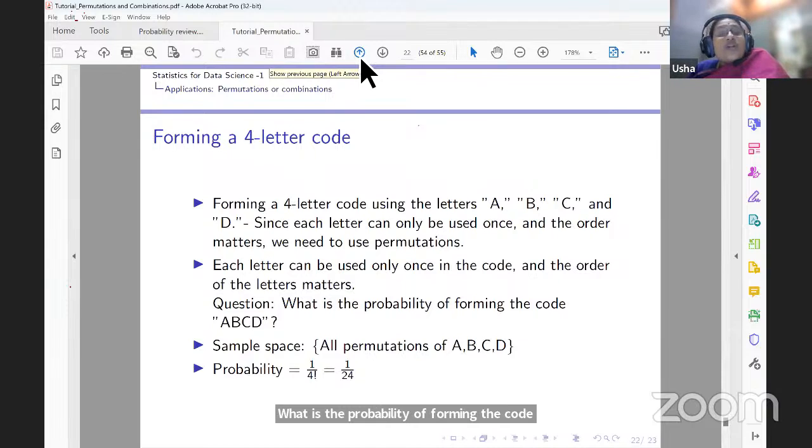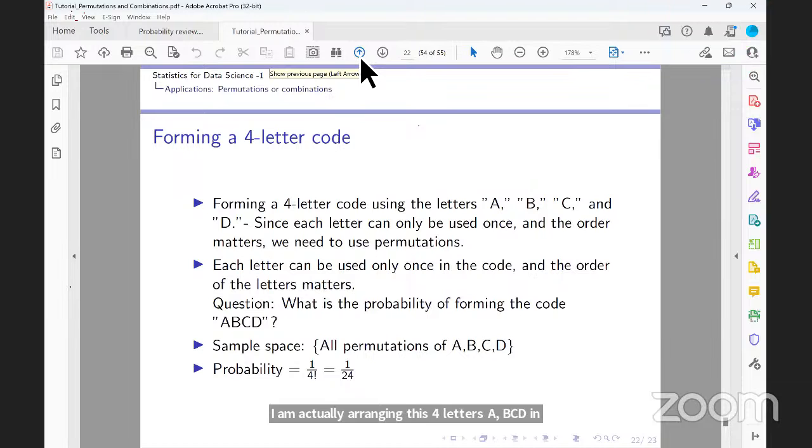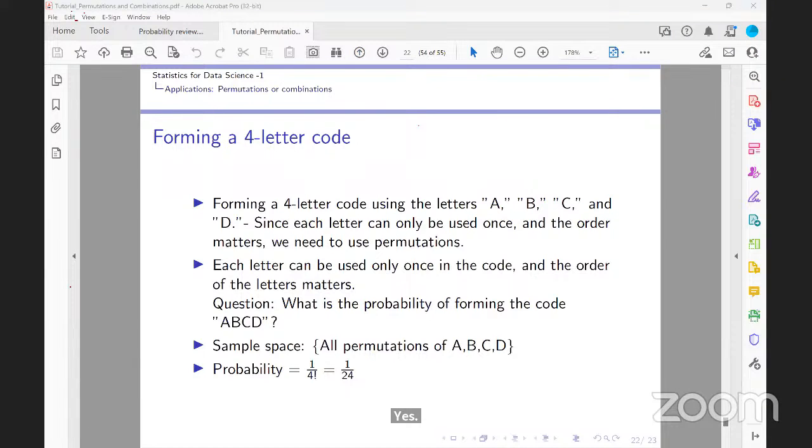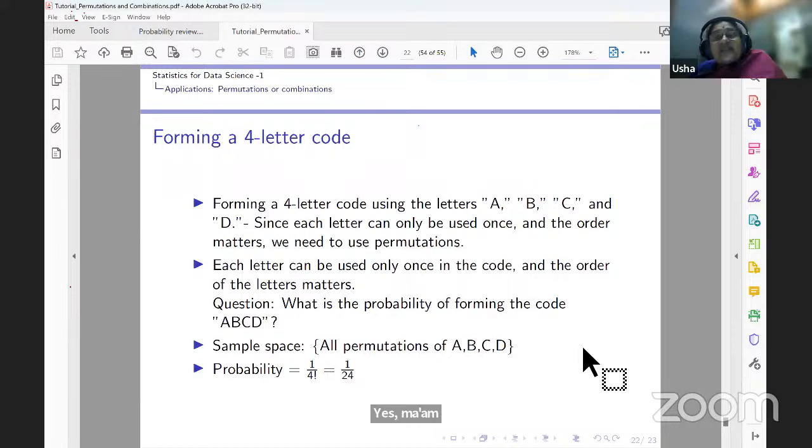Okay. So what is the random experiment here? I am arranging these 4 letters ABCD in different ways. Is that clear? Yes, ma'am. That's the random experiment. Right. So the sample space will have all the possible permutations of ABCD.